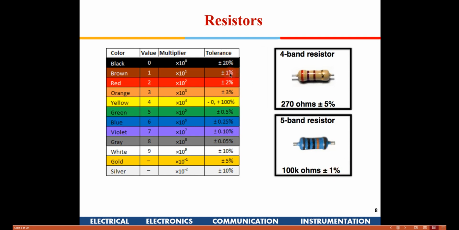Looking at this table, this is how we can find out the value of the resistor without actually measuring it using a voltmeter, just by seeing the color bands given on the resistor. Is it clear to all of you?